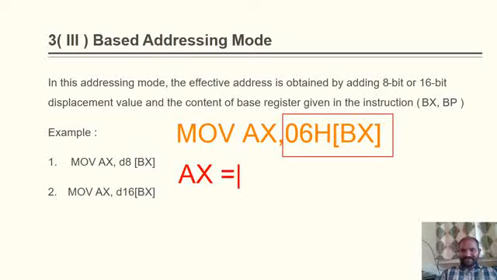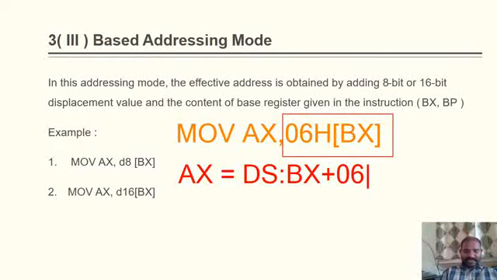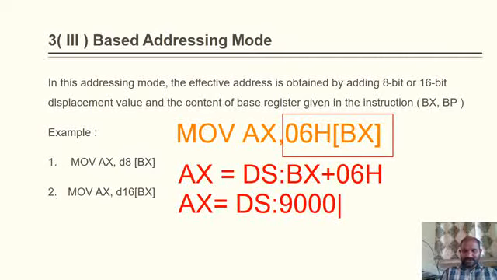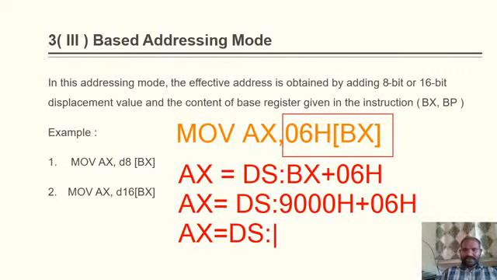Let me show you what exactly is happening in the above instruction. AX is going to be filled with the data at DS colon, specified by the address, which is BX plus the displacement value. 06H we took, right? So AX equals DS colon BX, which we assumed as 9000H, plus 06H, which is 9006H.